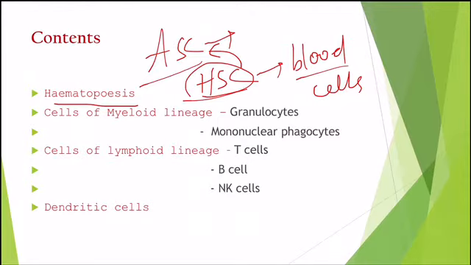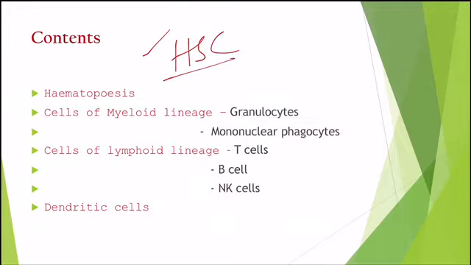Under normal conditions where the immune system is not being challenged by a pathogen, hematopoietic stem cells are in a quiescent stage, that means in a dormant state. A small number of hematopoietic stem cells divide and produce daughter cells.